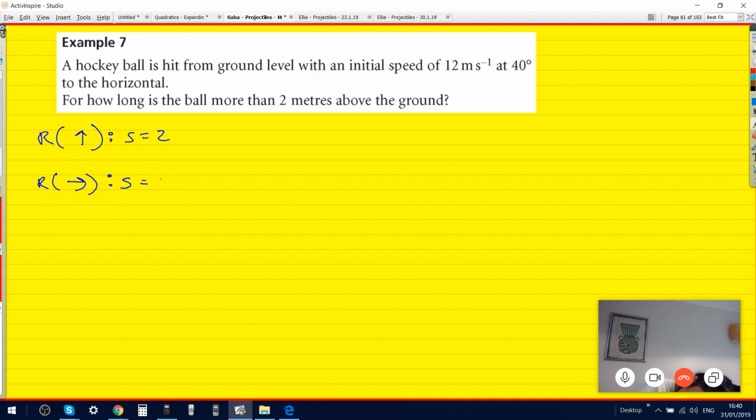So t either equals 0 or t equals 12 sine 40 divided by 4.9, which is 1.574, 1.57. So that's time of flight. What else do I need to work out?